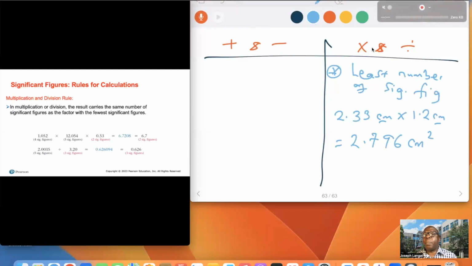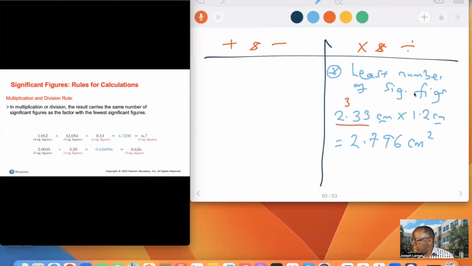For multiplication and division, you look at the number with the least number of significant figures. So this has 3, all right, this has 2. So we need to stop here and see this number right there.